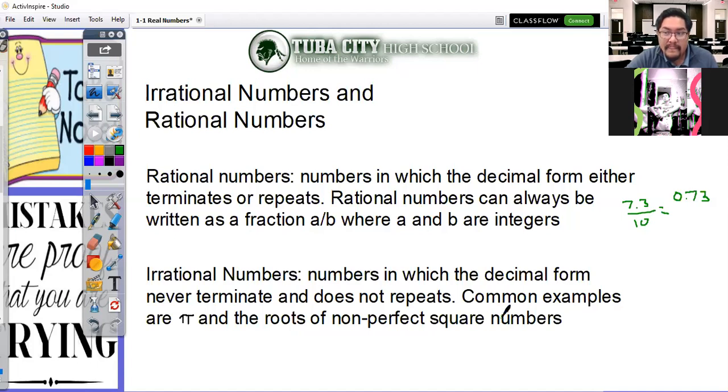So 4 and 16 are perfect square numbers. If you take the square root of them, you will get a whole number. But if you take something like 8, 7, or 6, and you take the square root of those, you will get irrational numbers.